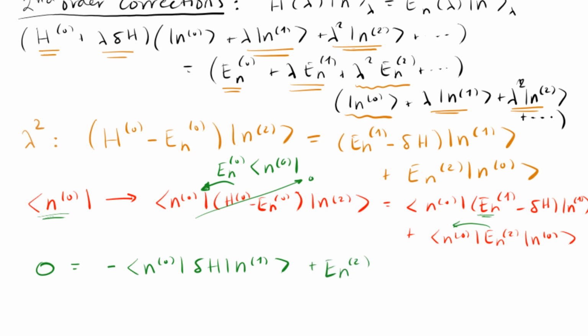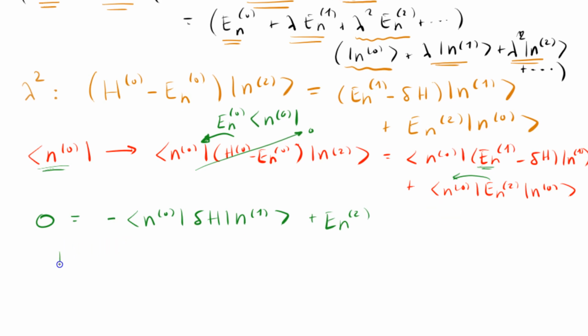Great, we have found the second order energy correction. En2 is nothing more than N0 delta H N1. Awesome. So now let's plug in N1.